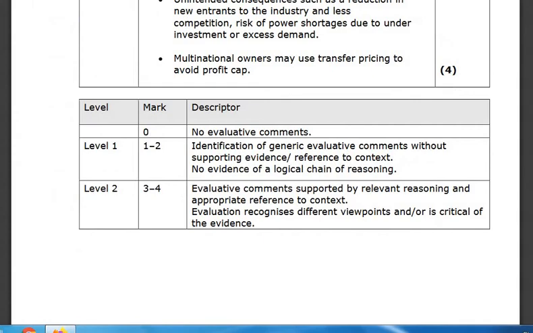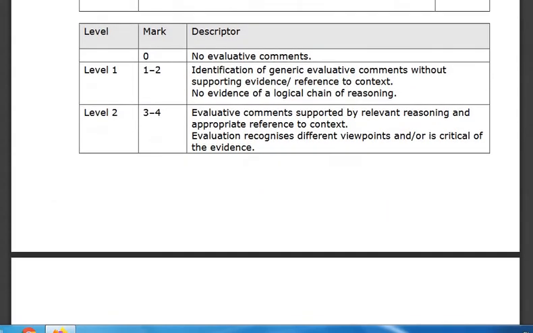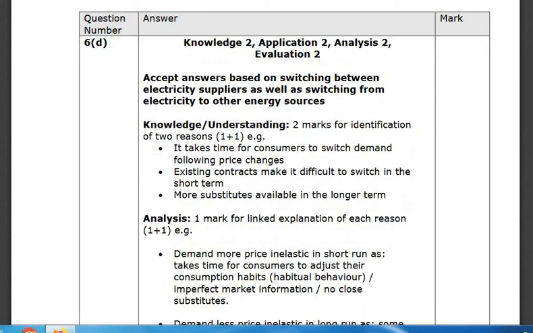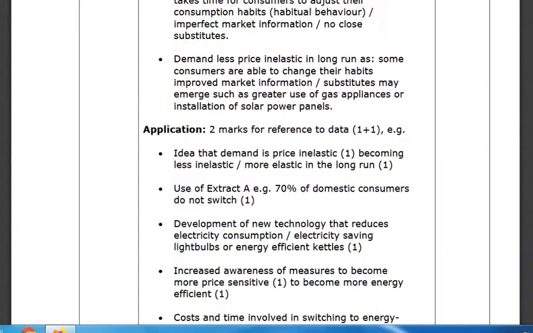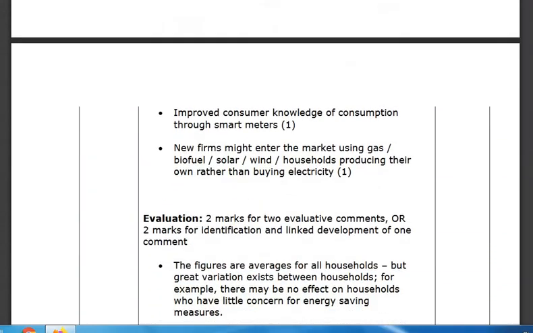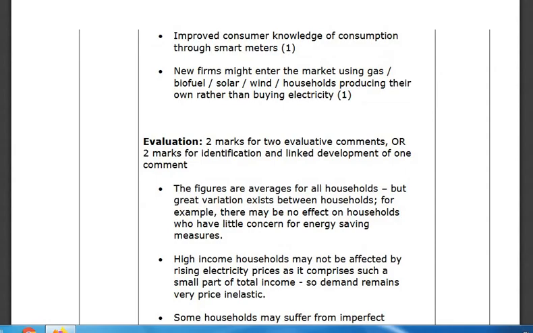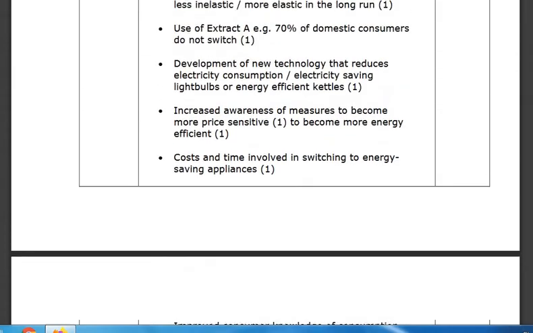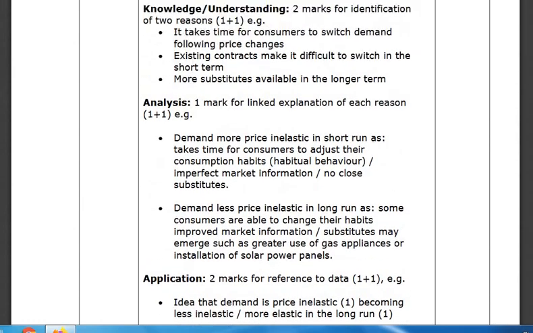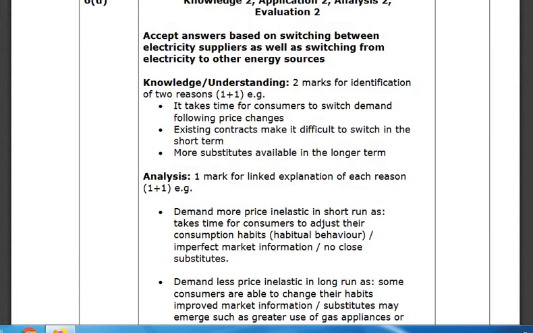So I'll just show you that. Just gone a bit too far there. So you can see here there's no levels of response mark scheme. So with this type of question, if you were a cheater, the mark scheme would help you.